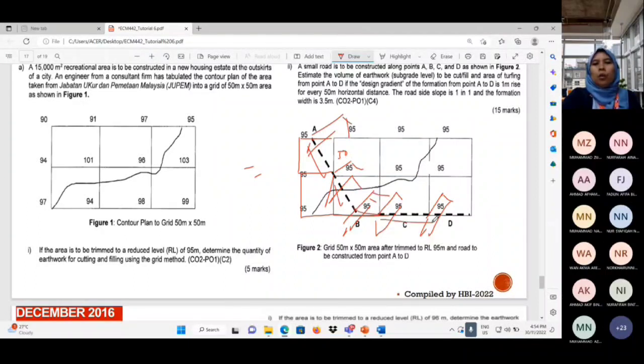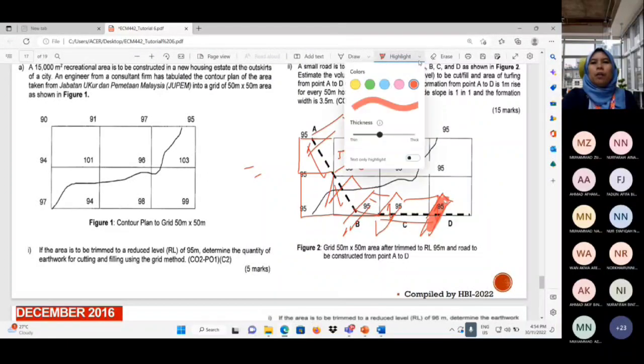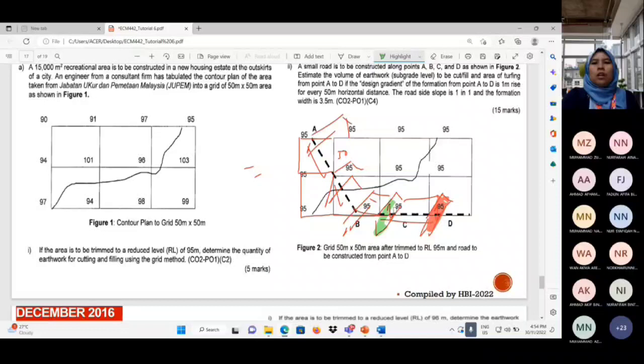Then you can know the depth of the embankment. When you know the depth, you can find the surface area using the formula we explained earlier. Once you know the surface area of each section, you can find the volume using the average surface area.